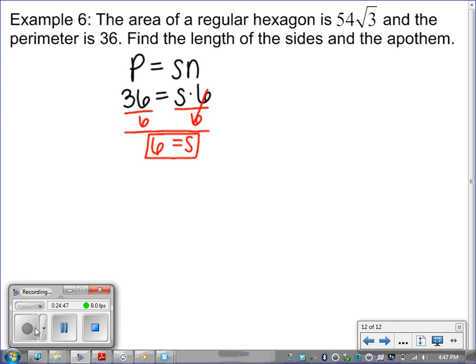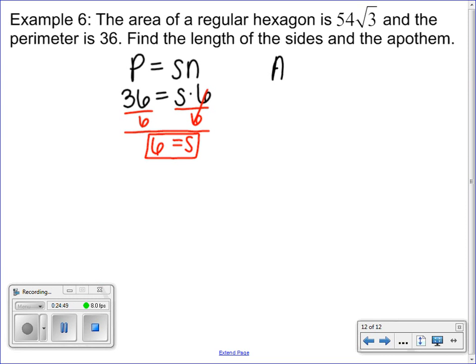To find the apothem, I can use area equals 1/2 the apothem times perimeter. The area is 54 radical 3 equal to 1/2. I do not know the apothem, so I'm going to leave it A, times my perimeter, 36. First thing I do, take half of 36.